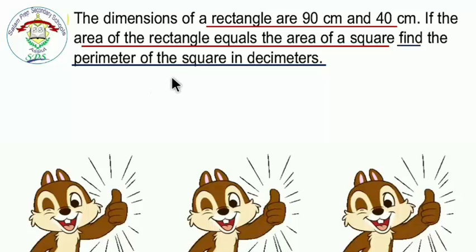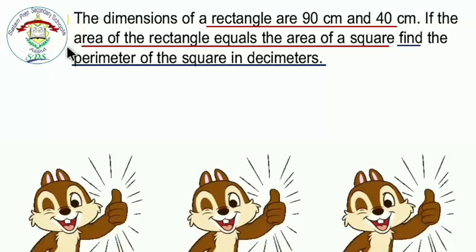To have the side length, we should use the given in our story problem. The given rectangle has two dimensions: 90 centimeter, this is length, and 40 centimeter, this is width.